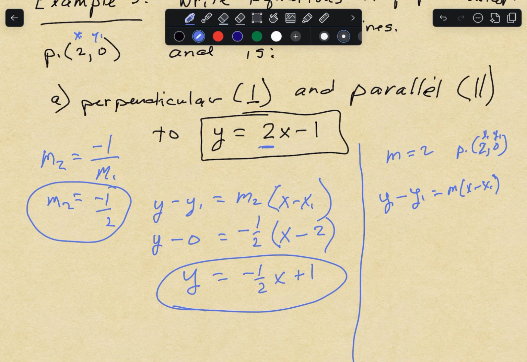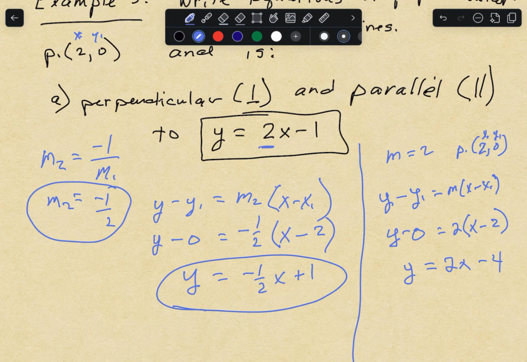That's a 0, so y minus 0 equals, and the slope is 2, times x minus 2. And now you're going to say y equals 2 times x is 2x. 2 times minus 2 is minus 4.